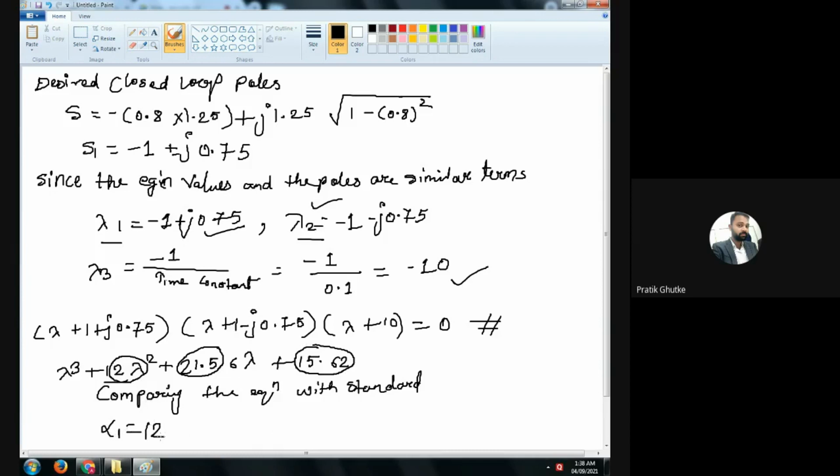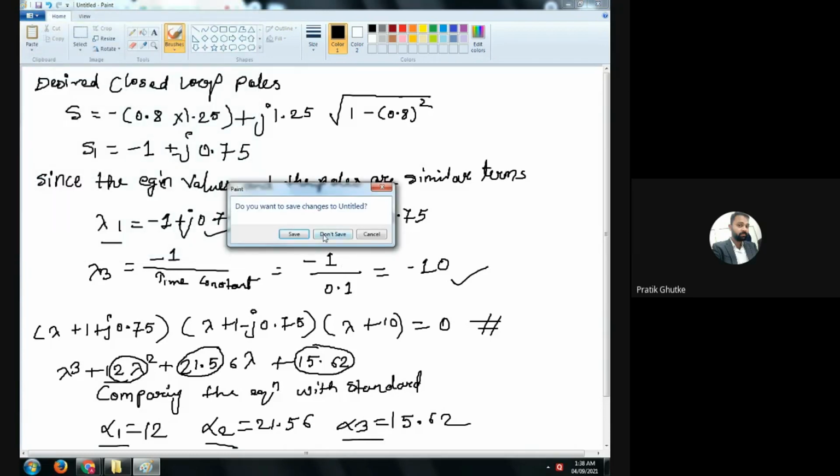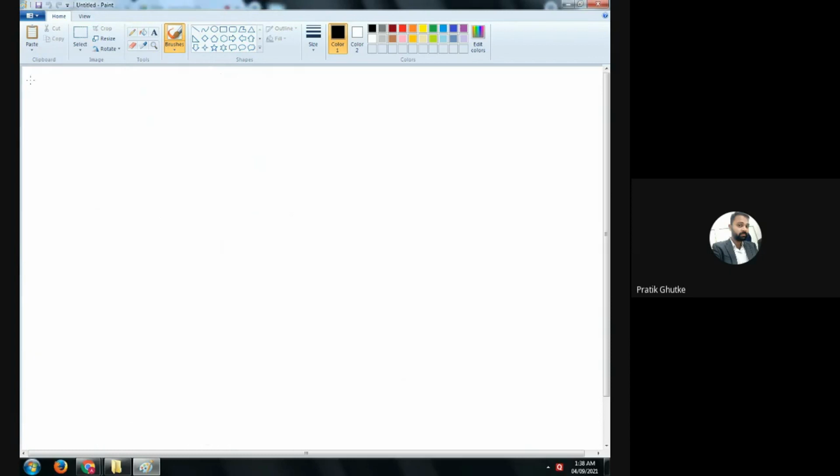Alpha 1 equals 12 here, comparing, and then alpha 2 equals 21.56. Yes, alpha 1, alpha 2 and then alpha 3 would be 15.62. So as I have a1, alpha 1 and all, I can easily find out the Kc value. So what is this Kc value?